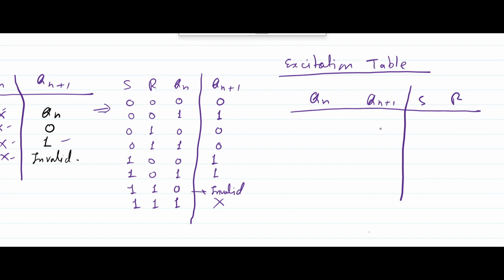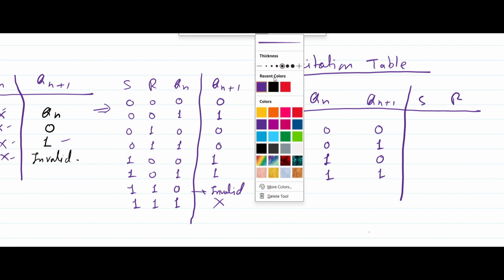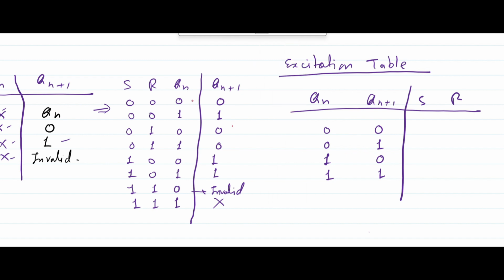Since two inputs are here, the number of combinations will be 4: 0 1 0 1 0 0 1 1. This is the best way to write the combinations; you will not miss any. Now let me see where these combinations are. So 0 0 is here and 0 0 is here, right? Qn is 0, Qn plus 1 is 0.